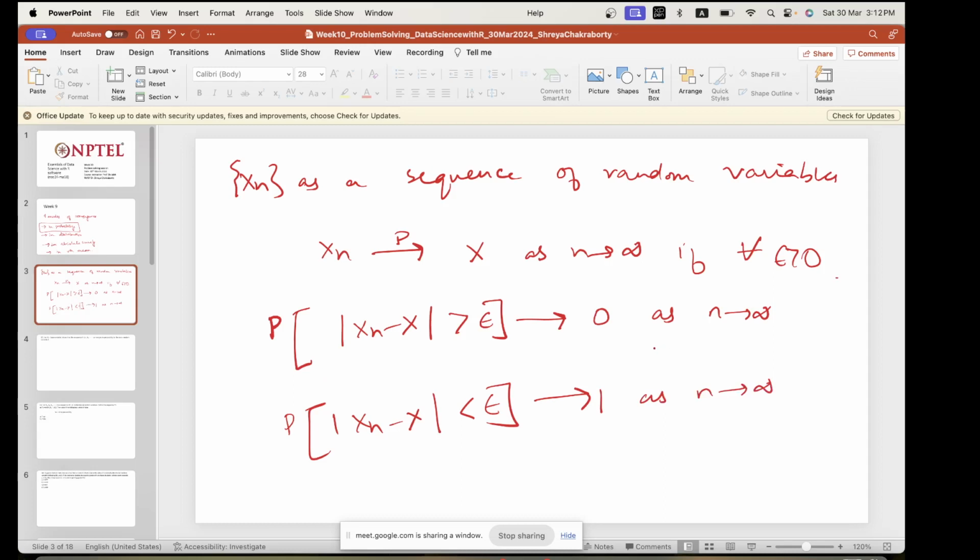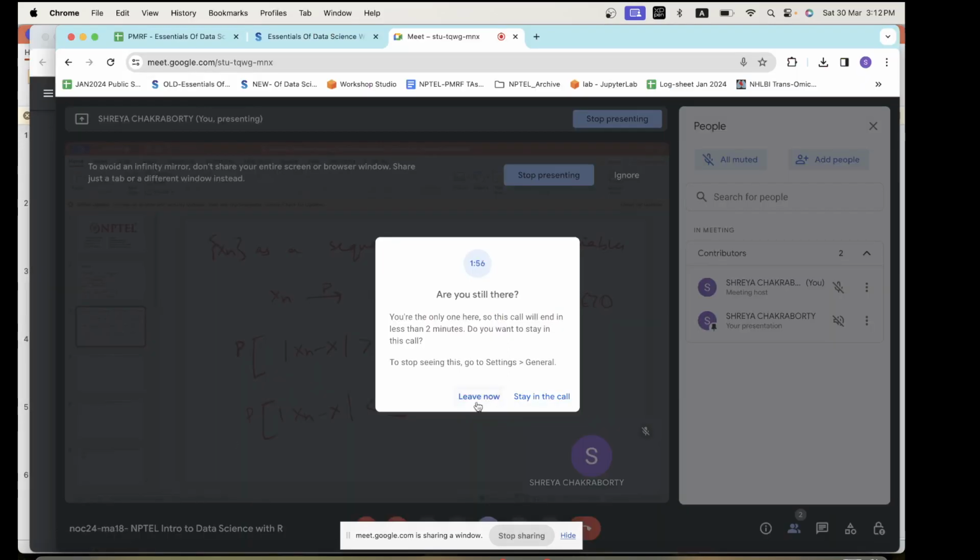So what it means is that as n is getting larger and larger, the probability that the difference between Xn, the nth term of the sequence, and the random variable it converges to is smaller than epsilon goes to 1.